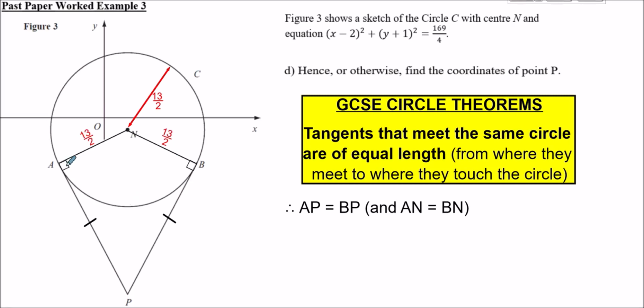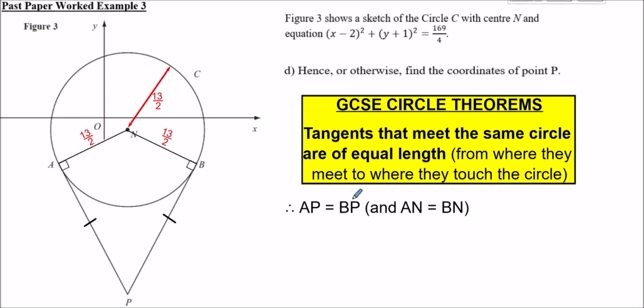So if I think about this, AP is the same as BP, AN is the same as BN, and so if I split this down the middle into two triangles, I'd create two congruent triangles, because NP would be a shared side, BP is the same as AP, and AN would be the same as BN.